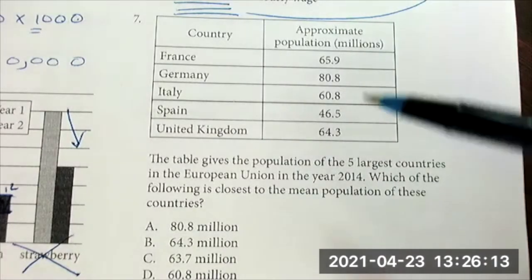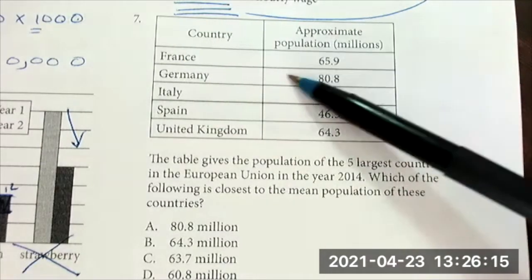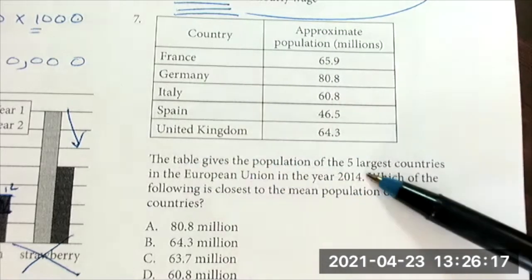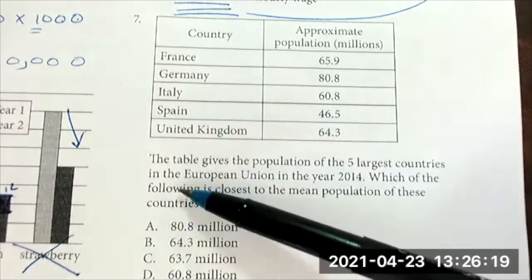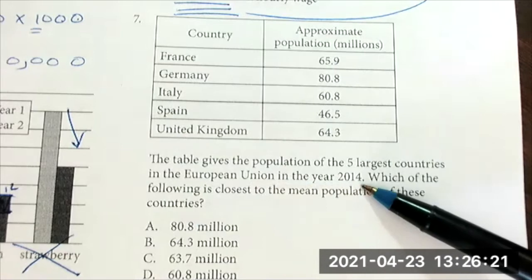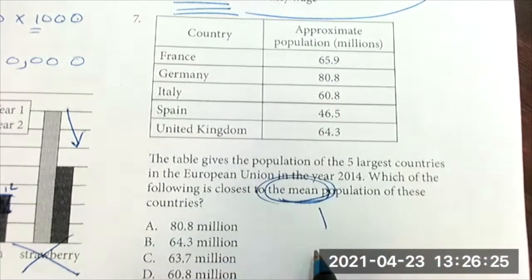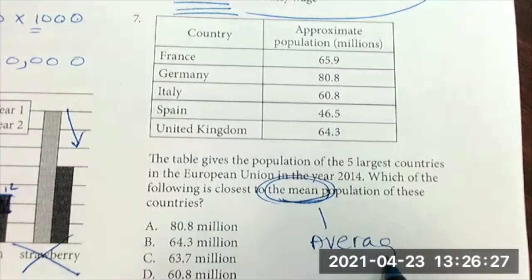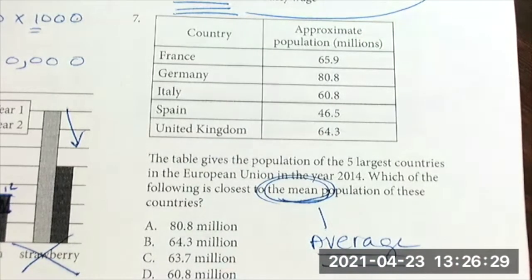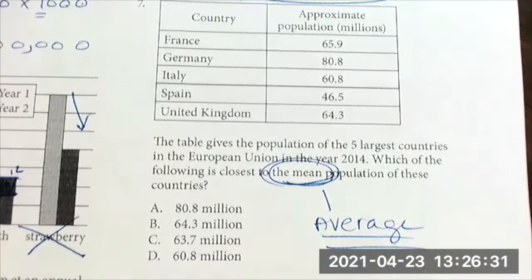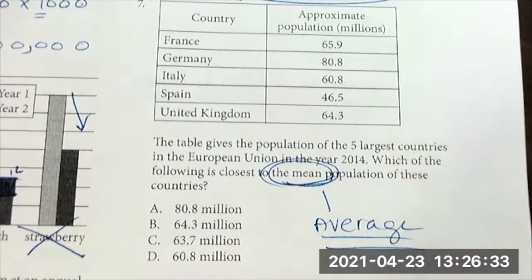This one, you have a country and an approximation in population. This is the largest countries in the union. Which of the following is a mean? Mean is average. The mean is average. Okay, so let's go ahead and add these.